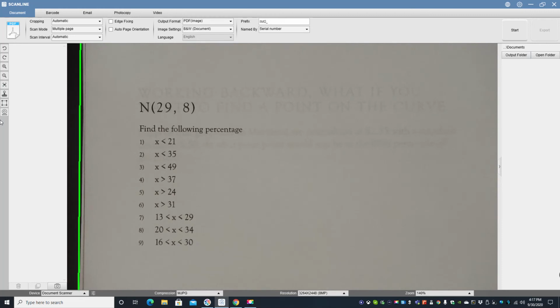So let's flip over to StatCrunch, and hopefully the screen capture will work better than the last one.